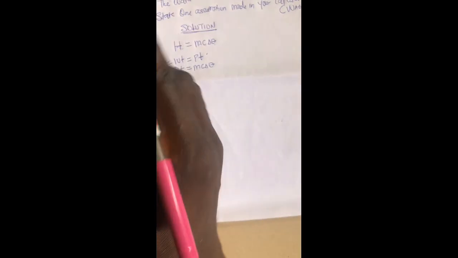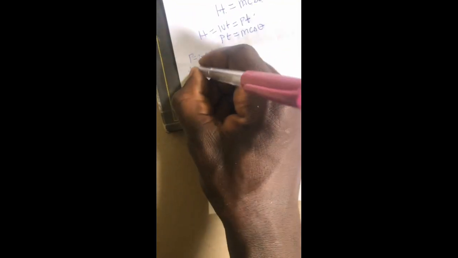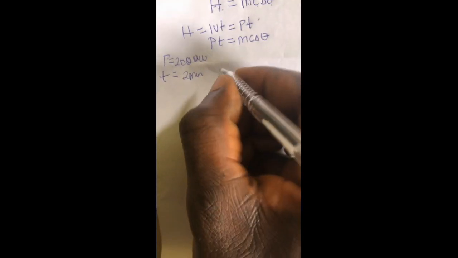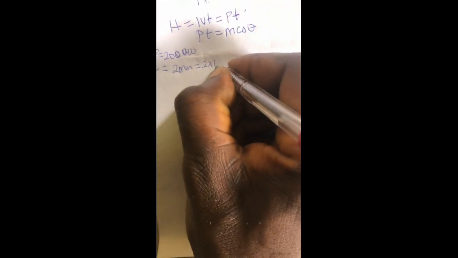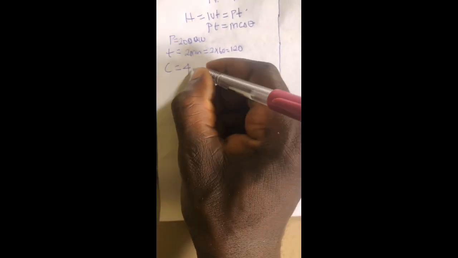That means I have to put in the parameters, where P is equal to 2000 watts. The time given for the first case is 2 minutes, which will be converted to seconds. So we will have 2 times 60, and we have 120. Let me just draw my line so that I can solve it over to the other side. The specific heat capacity of water is usually 4200.